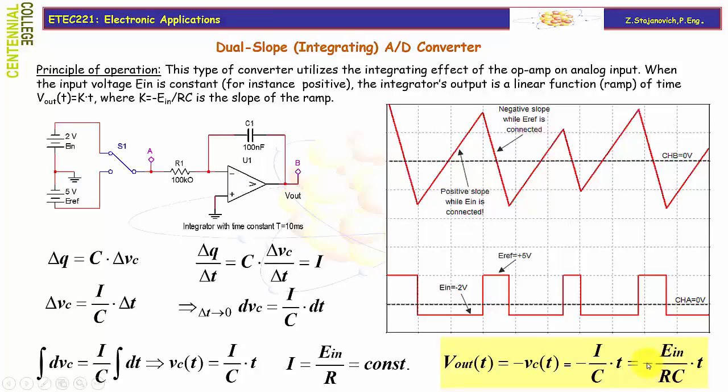Of course, this sign tells you that the output voltage will have a positive slope if the input signal is negative. So in this case, the slope being positive will cause a ramp up, a linear function with a positive slope. However, if this amplitude is positive, then the slope is negative and you are ramping down. So all we have to remember is that we have a linear rise or drop depending on the slope, and this slope depends on the amplitude.